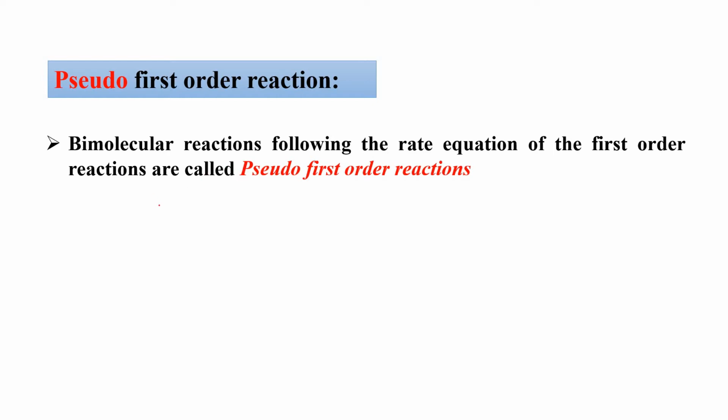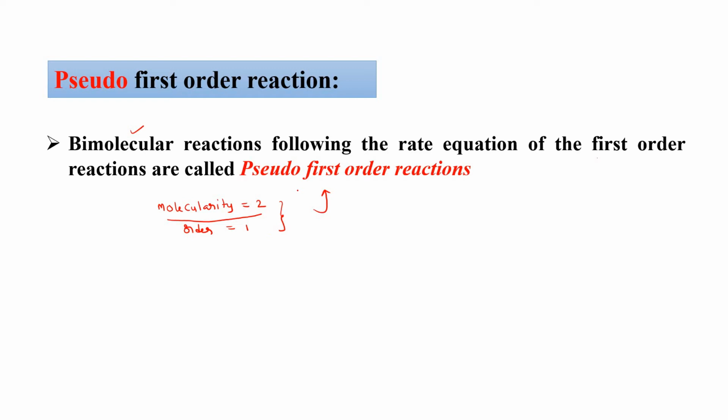Molecularity is 2 and order is 1. Such types of reactions are called pseudo first order reactions. Molecularity equal to 2 means bimolecular reactions following the rate equation of first order.